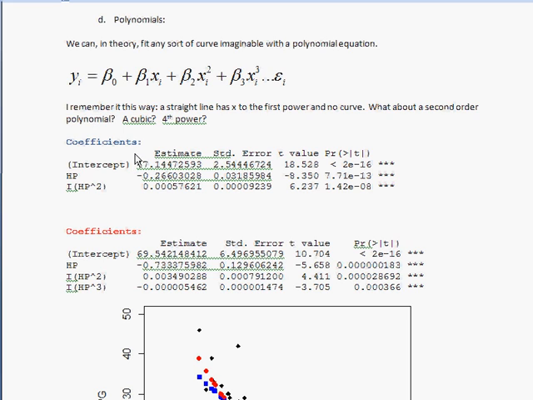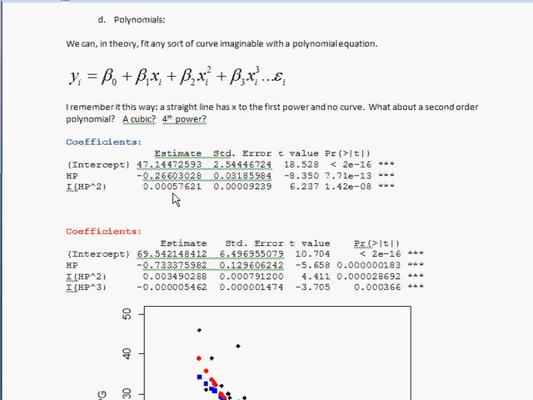So, for example, with a squared term, you're going to have a y-intercept, b0. You're going to have a linear term, b1, and you're going to have a squared term, something multiplied times a squared term, b2. And R has told us these three numbers: 47, minus 0.266, and 0.000576.